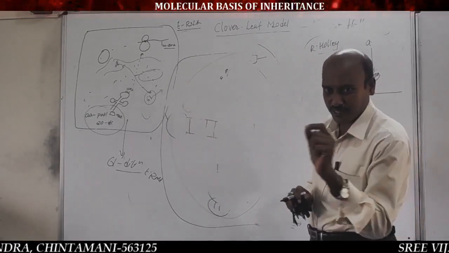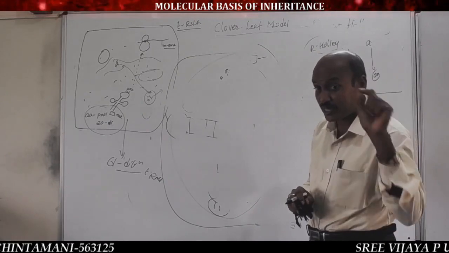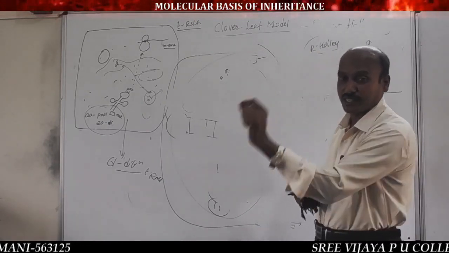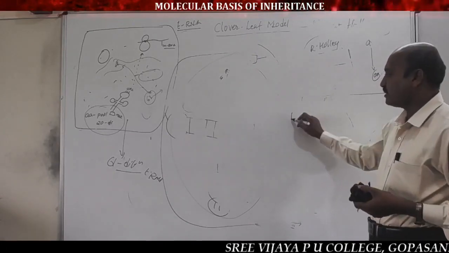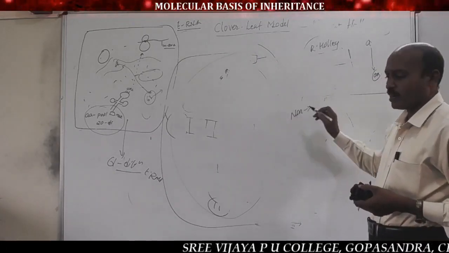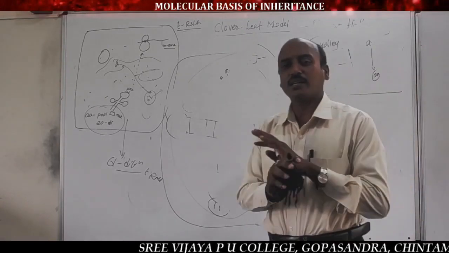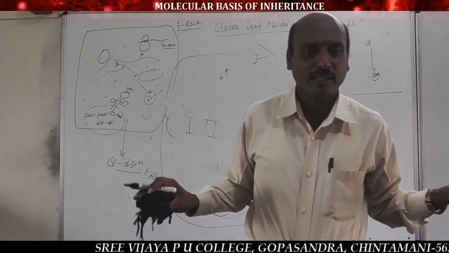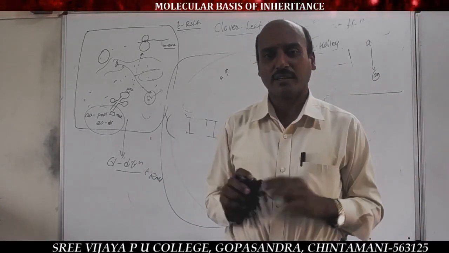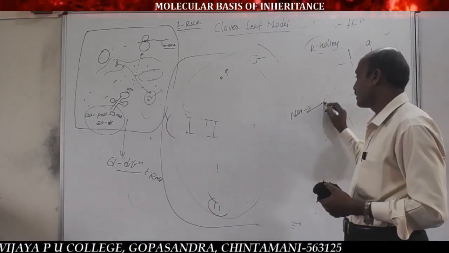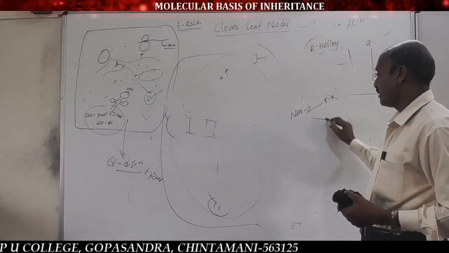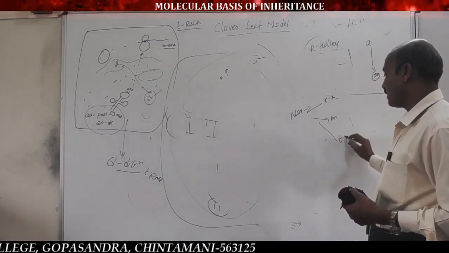Non-genetic RNA means the RNA which does not act as a genetic material. What are their 3 different types? rRNA, mRNA and tRNA.